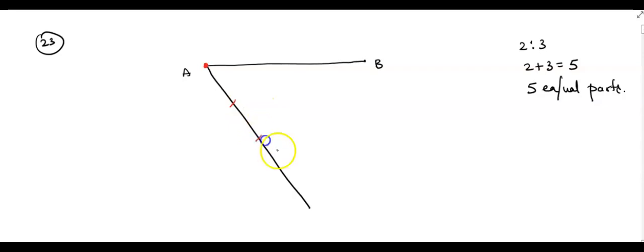1, 2, 3, 4, 5. Let me extend this line. So we have cut it into 5 equal parts. Let me name these as A1, A2, A3, A4, A5. Now we have to divide this in the ratio 2:3, right?